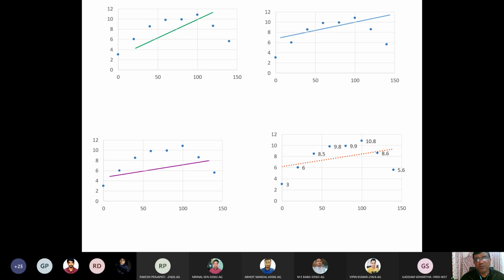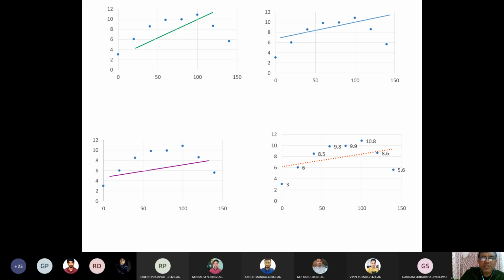Now we want to make a line that will represent this data, because we cannot join these points. So we want a line that can fit this data, that can represent this data. So I can draw many lines. See the green one.